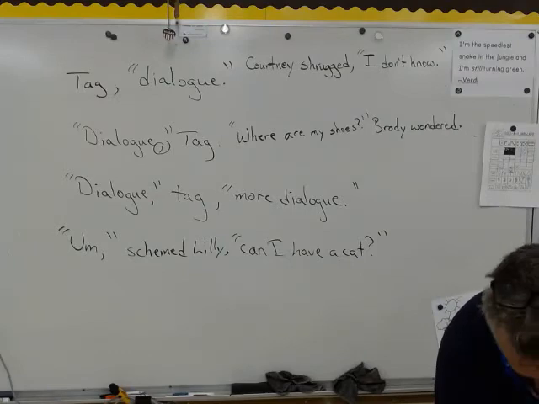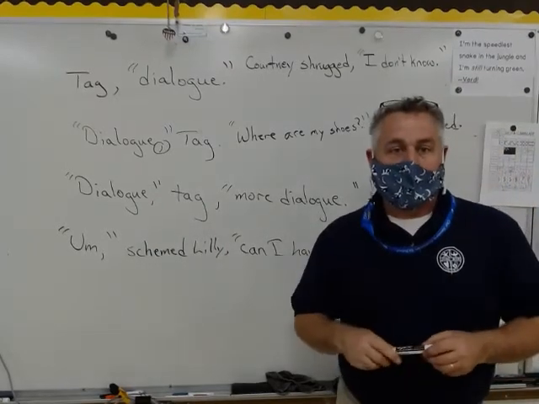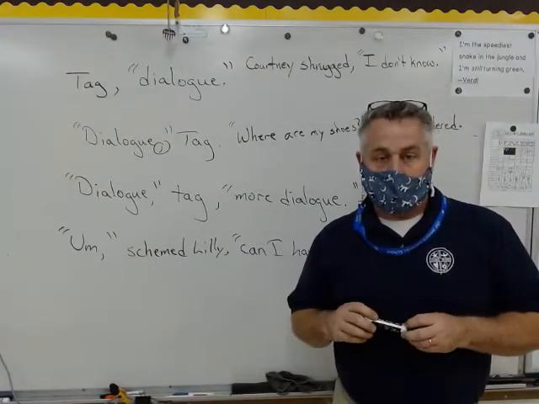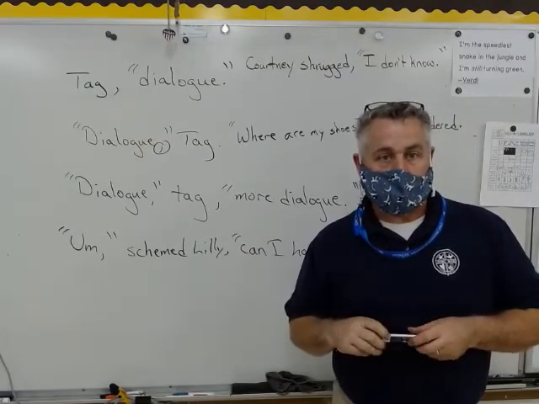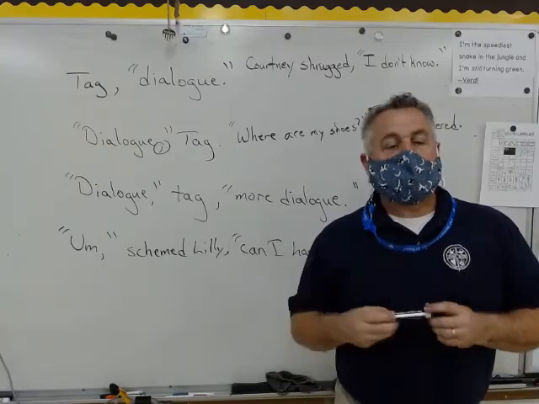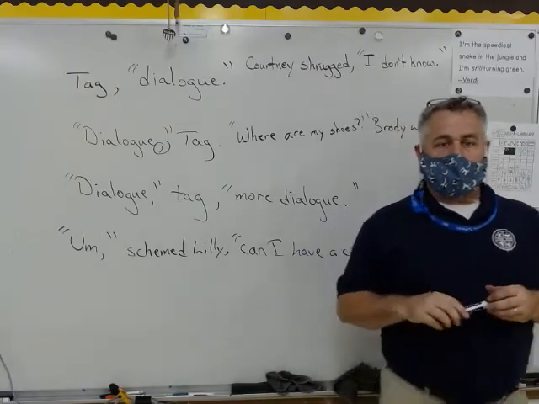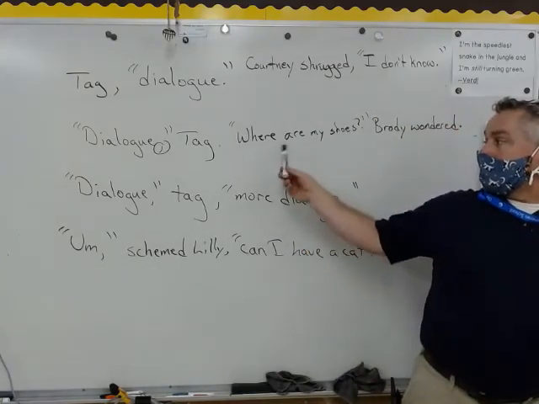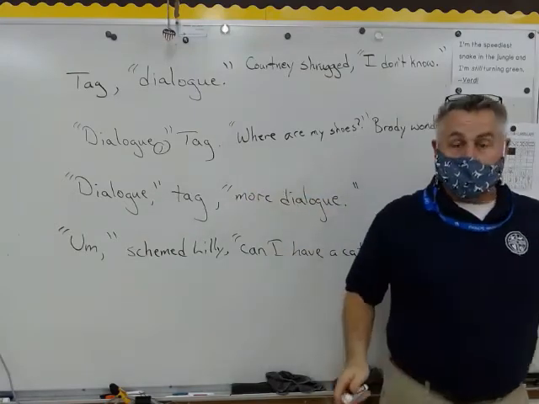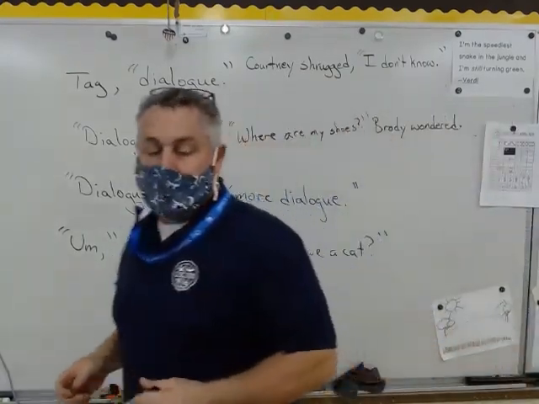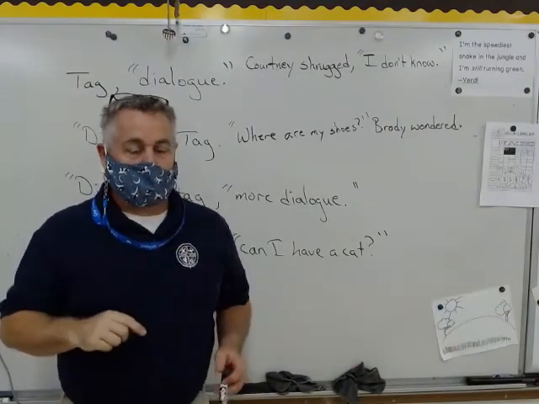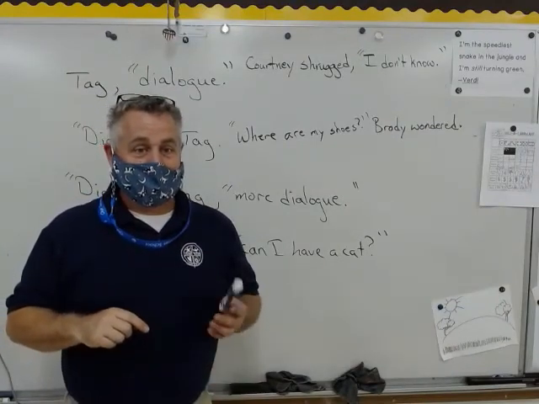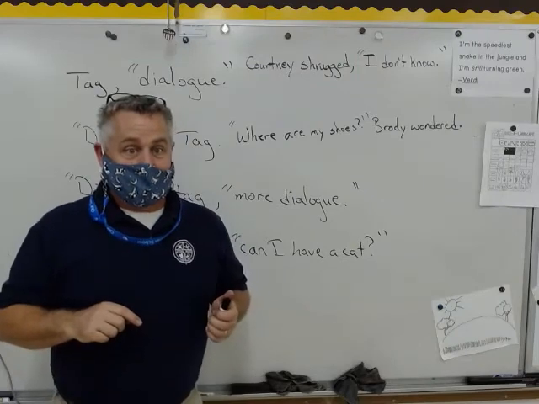Usually the dialogue that's used most is when the dialogue is in the front and the tag is in the back. They do kind of do that a lot. And it's kind of the annoying one because you don't know what kind of word to use. Where are my shoes? Okay? All right. Why are you using tags in this example?